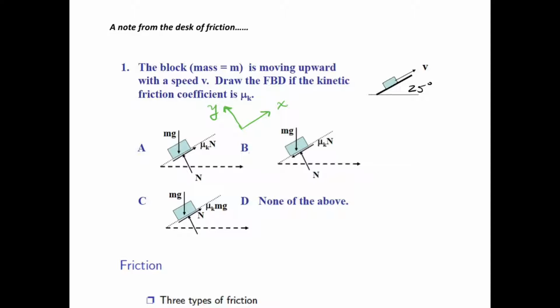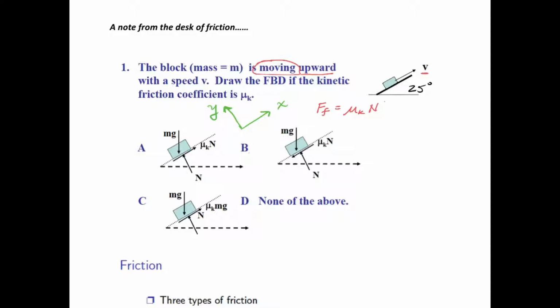We had a block that was moving up an incline, right? So we are told that it's moving, therefore it has a velocity up the incline. So then I know that the force of friction is going to be equal to the coefficient of kinetic friction multiplied by n.